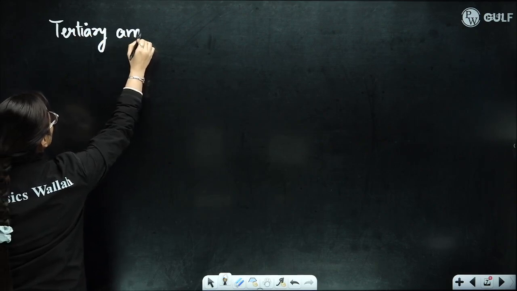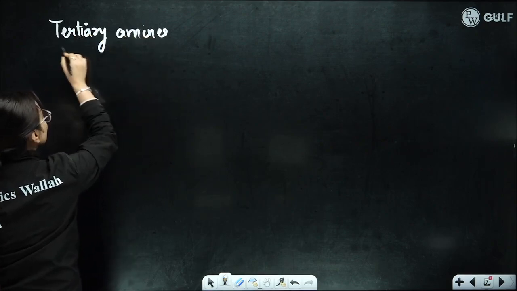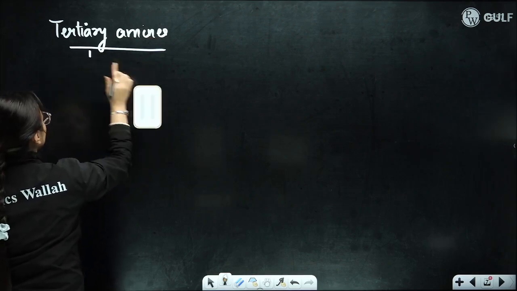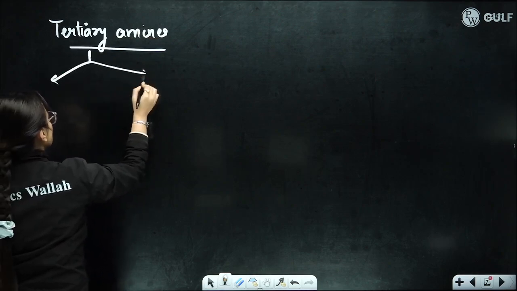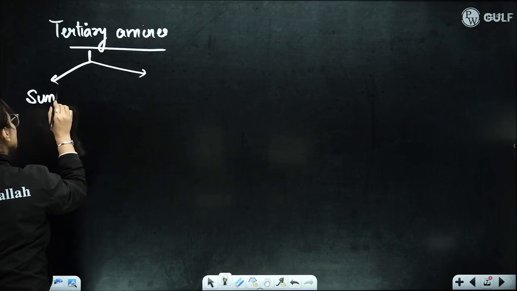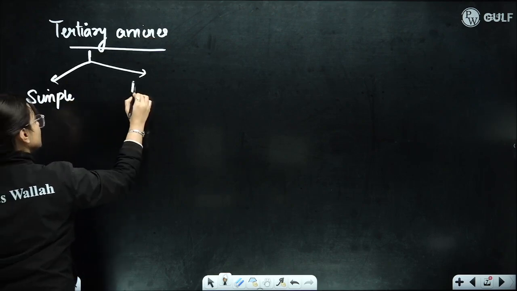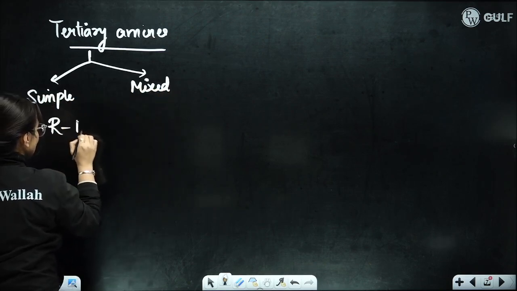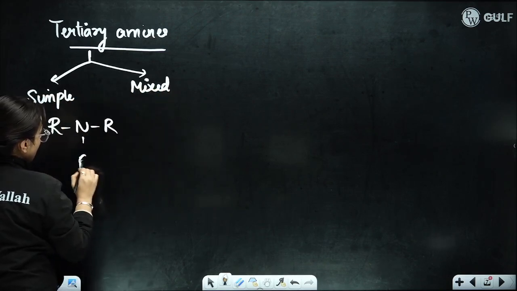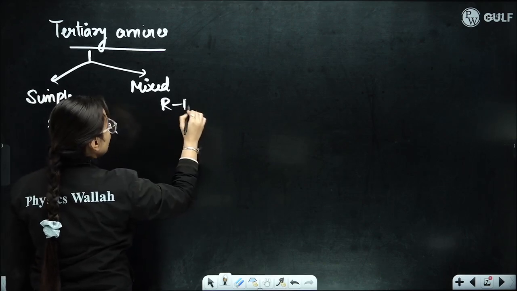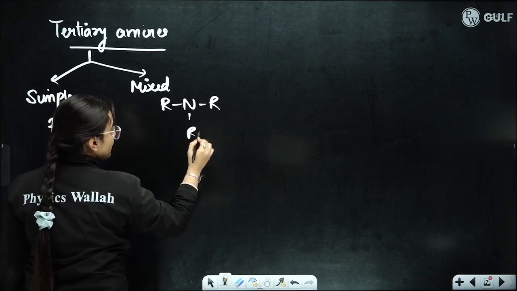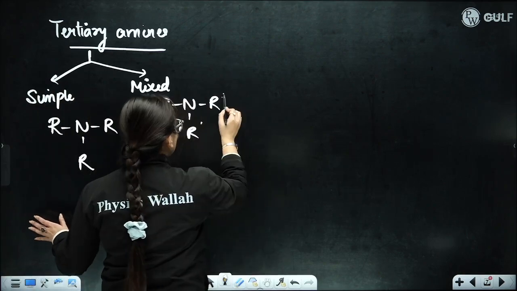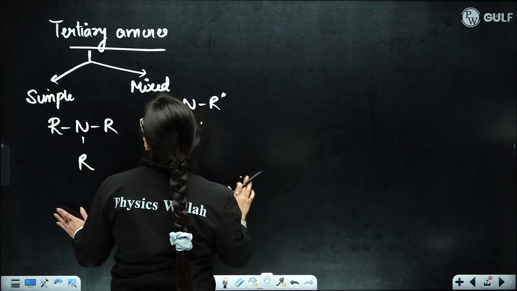Generally they are going to give you the simple one only, but tertiary amines are also classified into two major categories: one is simple, another one is mixed. Simple one is like R, N, R and R, and mixed one is R, N, R dash, or even R double dash. Let's consider all of these are different.